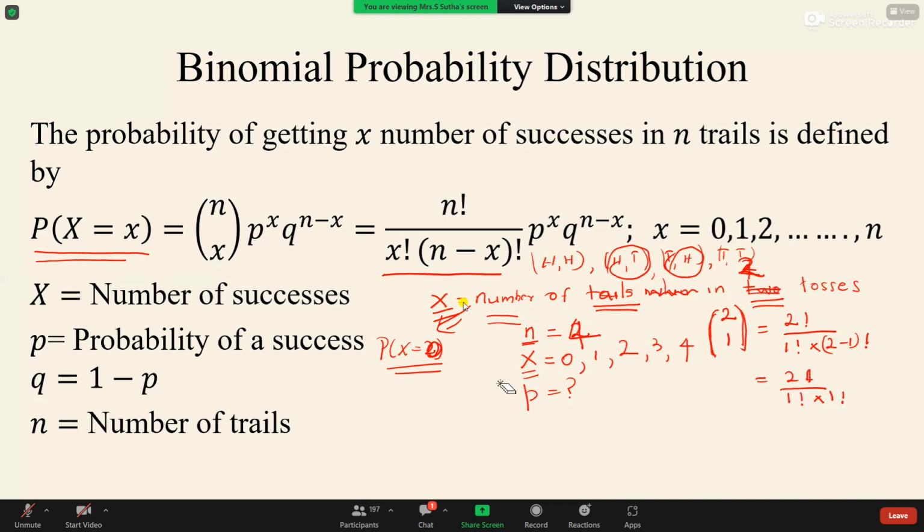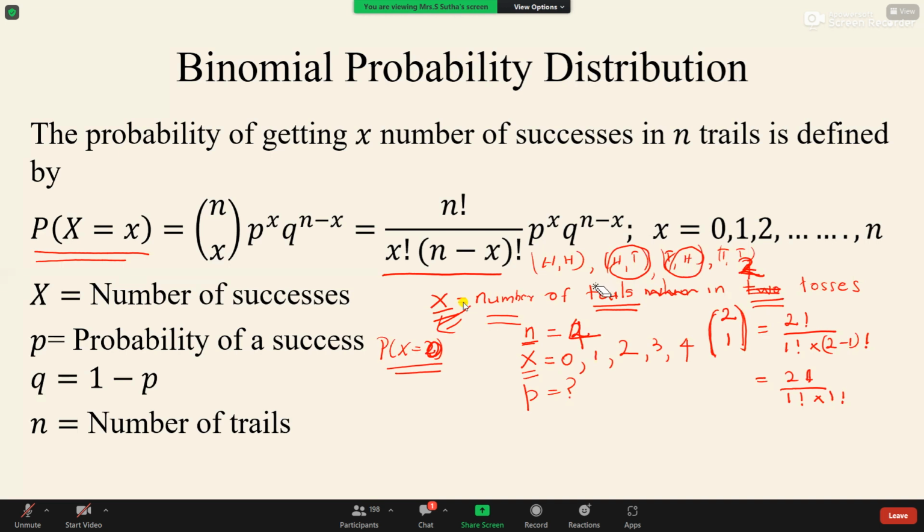So here, how many possibilities are there of getting 1 tail? This is one of the possibilities, and this is one of the possibilities. So when we are tossing a coin 2 times, there are 2 possibilities to get 1 tail. Am I right?